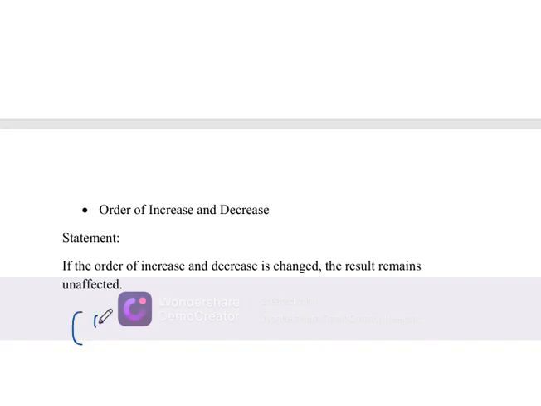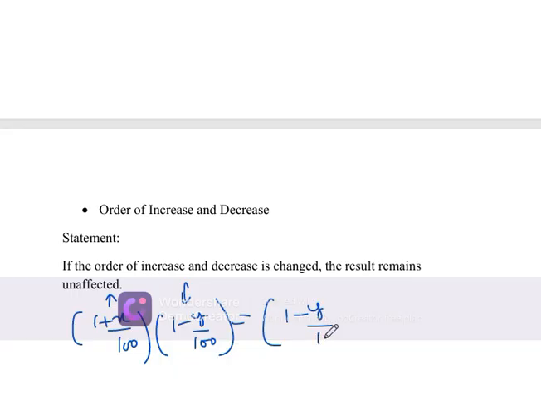The net change is given by 1 plus x upon 100 and 1 minus y upon 100; one factor shows a decrease and the other shows the increase in the value. It is the same if you change the order, that is, if the value is decreased first and then increased. Then the net change is the same.